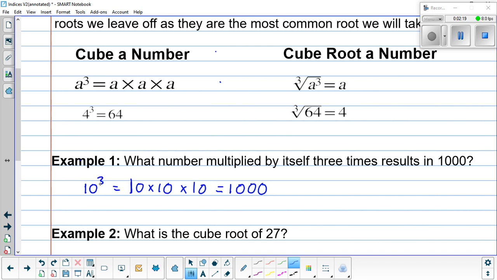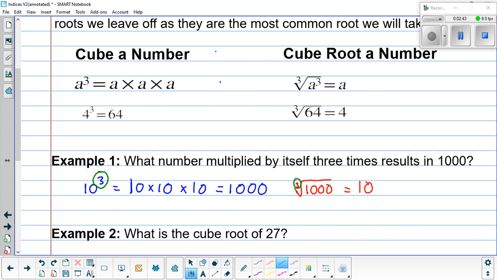So if that was our forwards process, then if I want to take the cube root of 1,000, we're just going to get back this base number of 10. Where we have this in our forwards way, in our reverse way our 3 comes there.